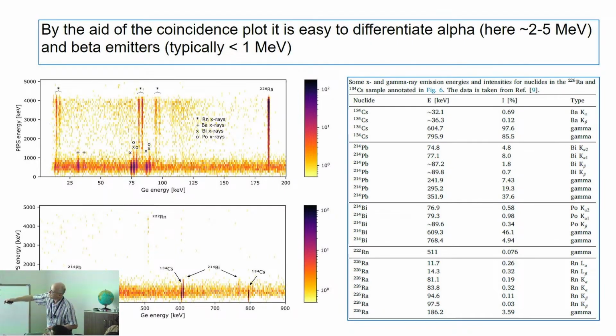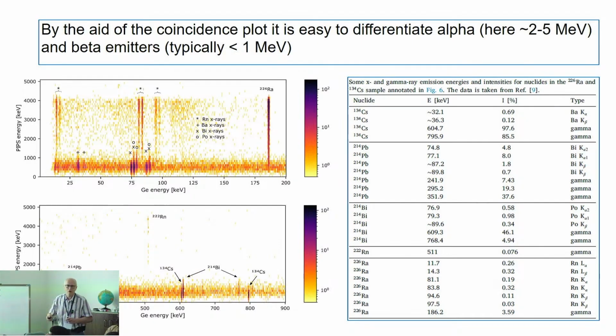So here you can see the peaks here, 3 peaks, but they are not located here at the energy of 4 or 5 MeV. This case shows that there is radon peaks also.